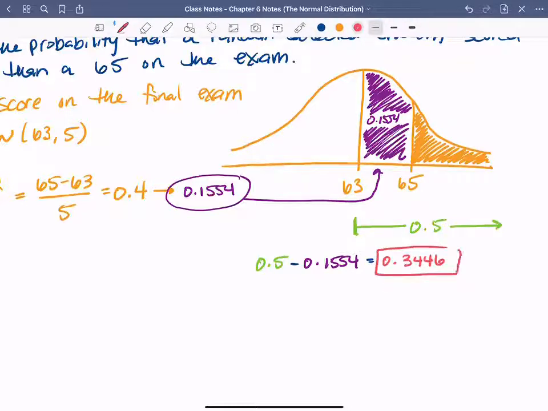This is our shaded region that we wanted. So what is the probability that a randomly selected student scored more than 65 on the exam? It is a 0.3446 chance that they did. Or you could say 34.46% chance if you want to convert to percent.